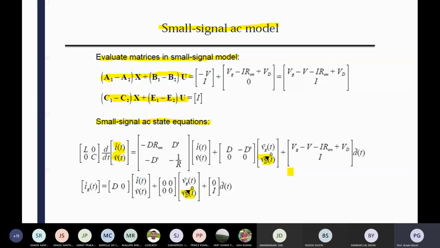I think you are able to understand all the steps. I have already discussed them, so I am not elaborating again. I just show you the equations for your benefit, so you can do it in your classwork copy.